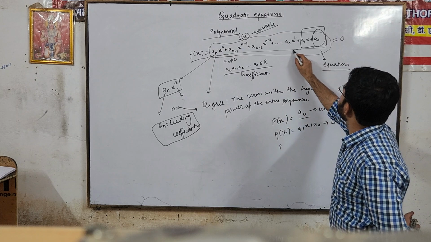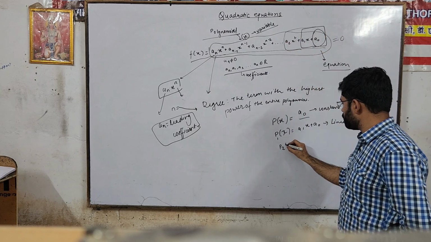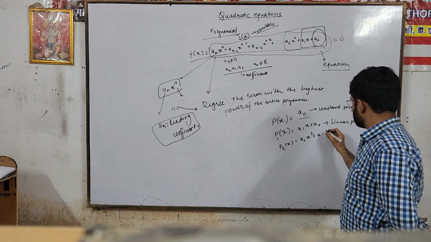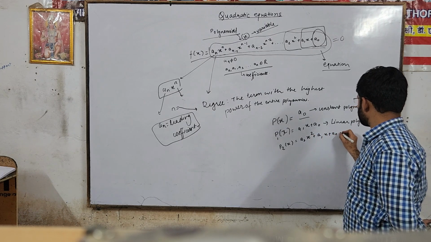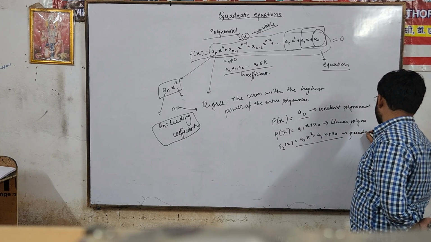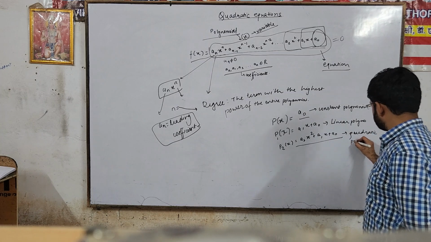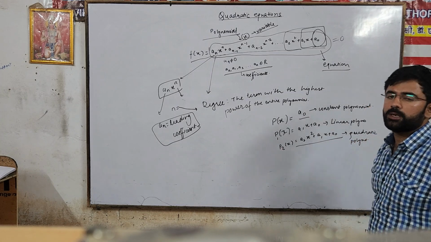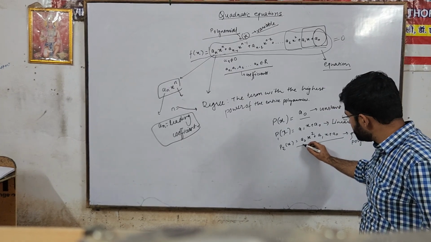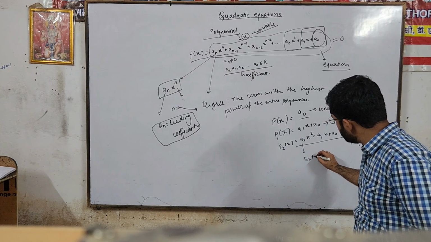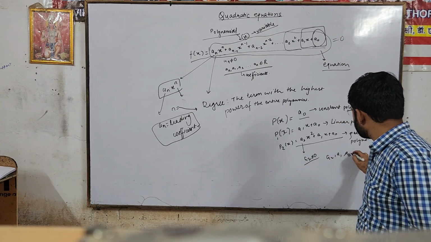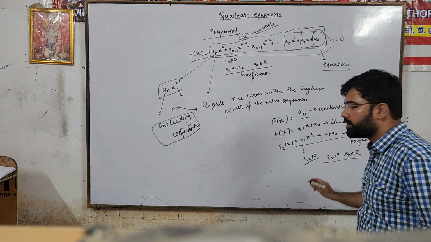If we take these three terms, p_2(x) is equal to a_2 x squared plus a_1 x plus a_0. This is your quadratic polynomial, where the maximum power of x is equal to 2, and in this case a_2 will not be equal to 0, and a_2, a_1 and a_0 obviously belong to real numbers.